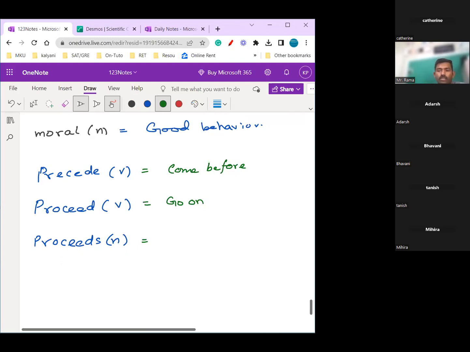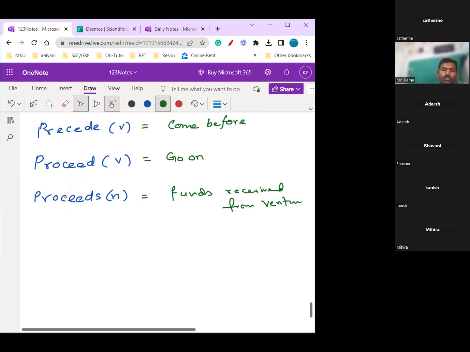Those are called proceeds, funds from a venture. So be careful with these little things, because the words sound the same, but the meanings are different, and choosing the word or noun based on that is going to change.